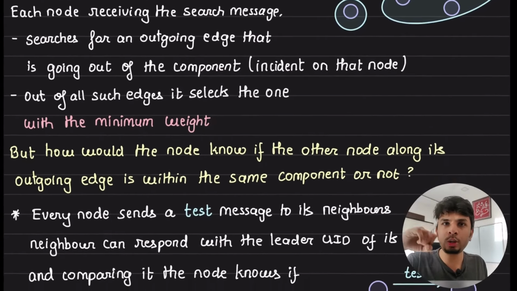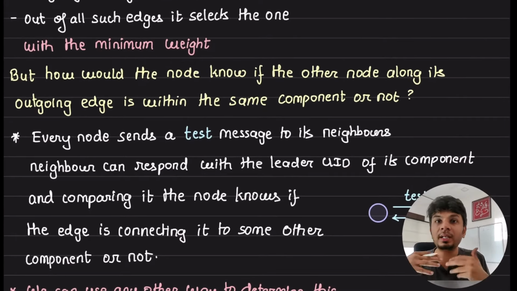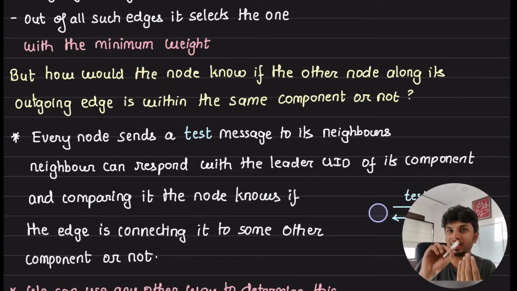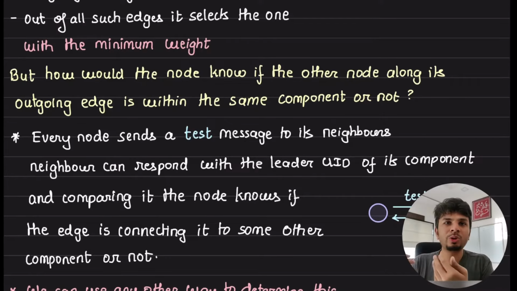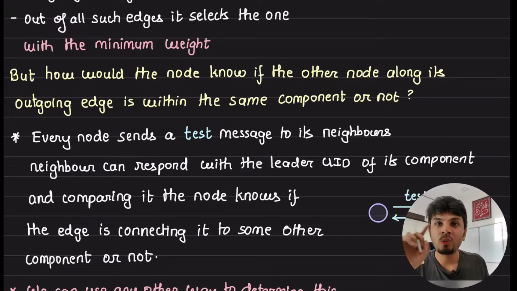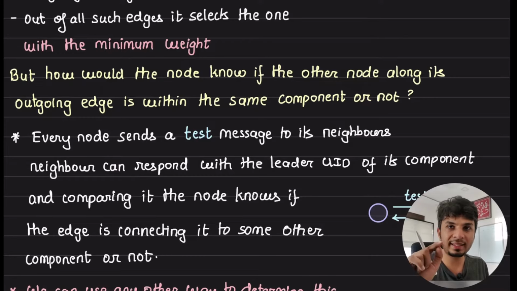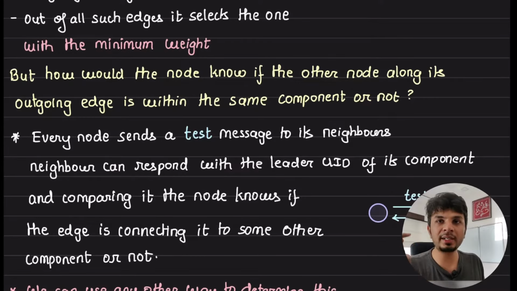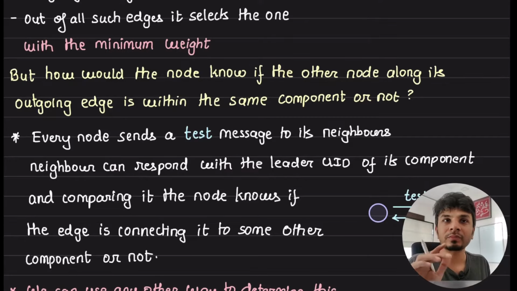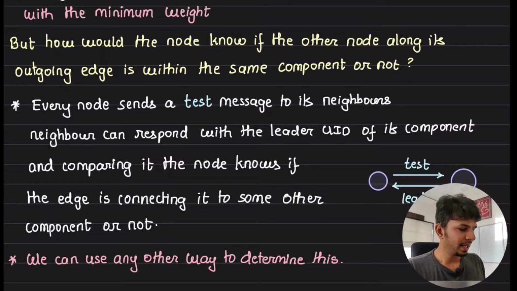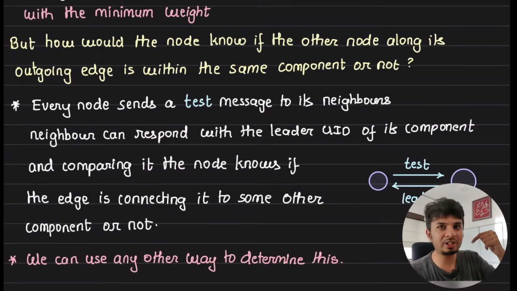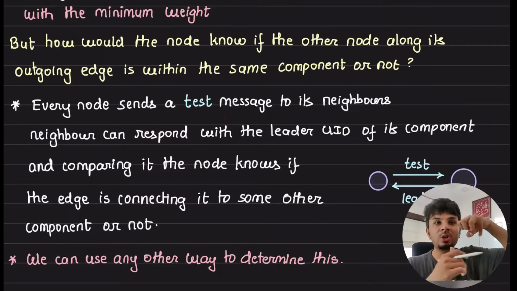Now, a node only knows its outgoing edge, but how would it know if the edge that is going out is actually connecting some other component? It would not know, right? So in order for it to know, there is only one way. We spoke about this assumption that every node in the system knows the component that it is part of by the leader of that component, right? That's all it knows. So every node, upon receiving the search message, sends a test message to its neighbors.